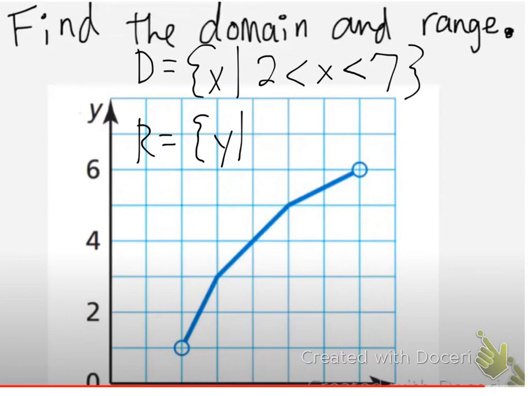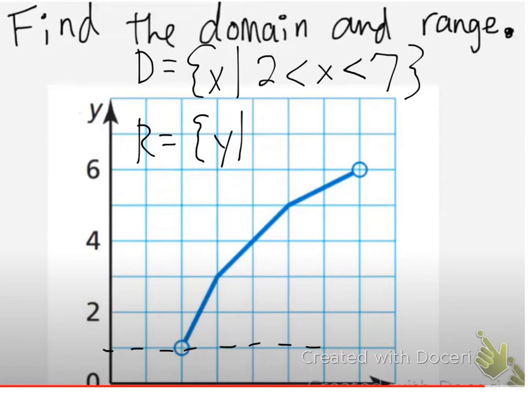Okay, now we're looking at our range. We're looking vertically. Looking at the y values here. What y values help make up my range here? What's my smallest y value represented by the graph? 1. Everyone see that? Is 1 included? It's got an open circle on it, correct? So I know 1's not included.